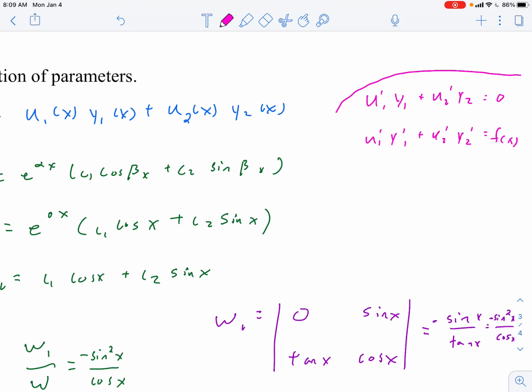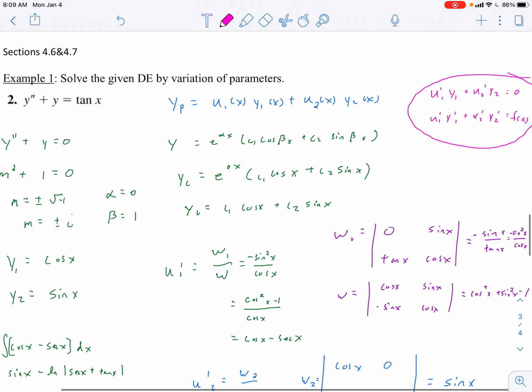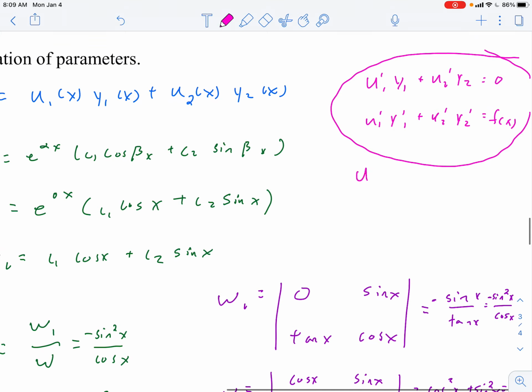So u sub 1 prime times cosine x plus u sub 2 prime times sine of x equals 0.